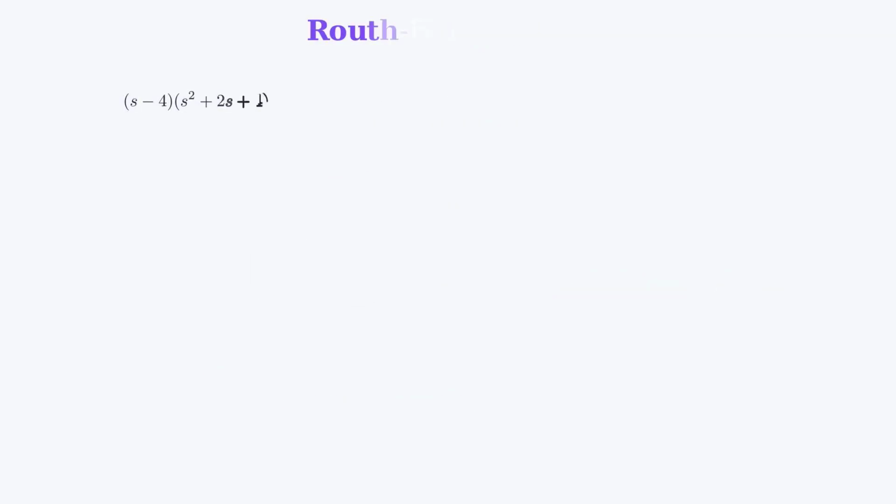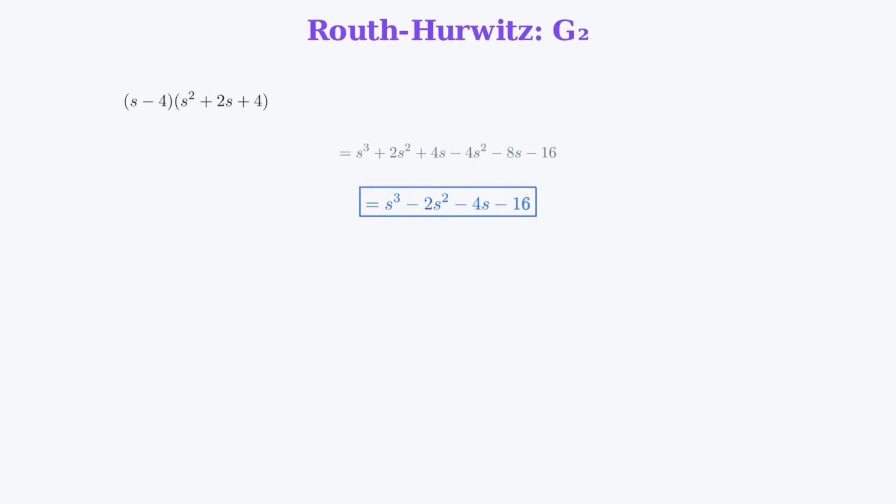Routh-Hurwitz for g2. First, we expand the factored denominator. s minus 4 times s squared plus 2s plus 4. Multiplying out, s cubed plus 2s squared plus 4s minus 4s squared minus 8s minus 16.